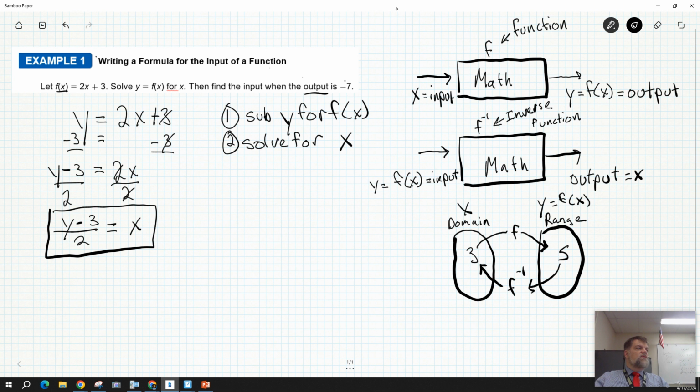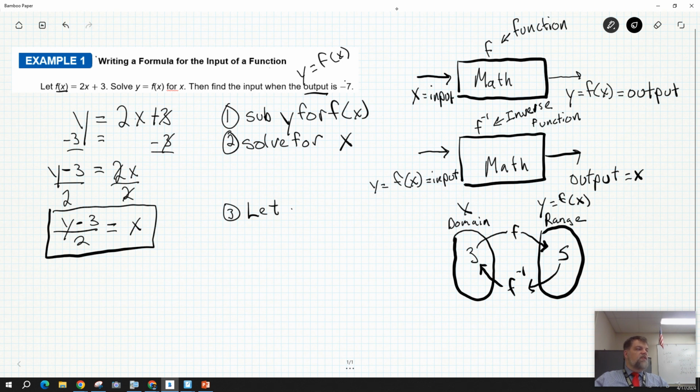Then the next step is when the output, well, what's the output value? Well, in most cases, it's y, or sometimes we'll call it f of x. It depends on how formal we want to be. So what I need to do now is, oops, that's not how you spell let.